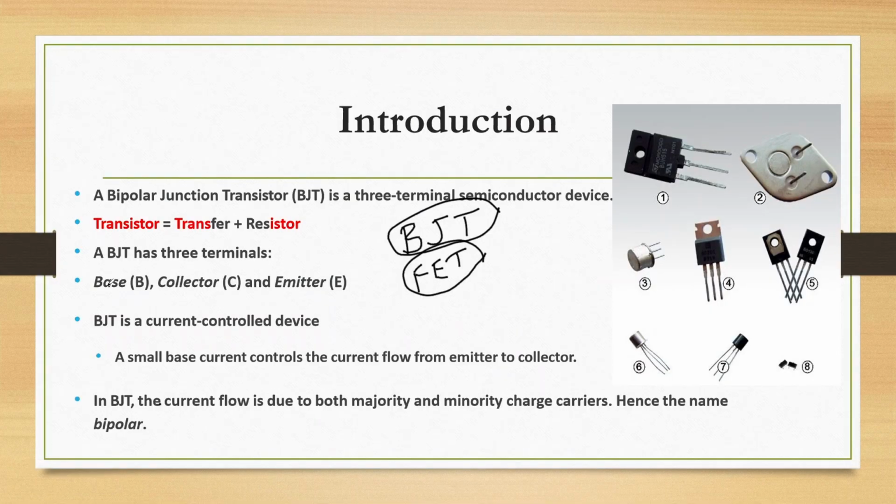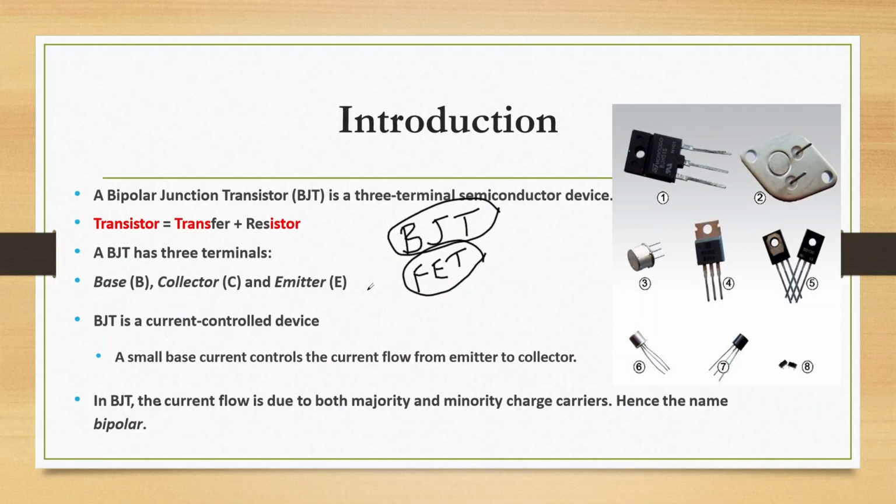The 3 terminals are base, collector and emitter. Here the base will be very lightly doped compared to the collector and emitter. Collector and emitter will be heavily doped. The reason for naming the 3 terminals base, collector and emitter is that the emitter is heavily doped and its main function is to supply the charge carriers.